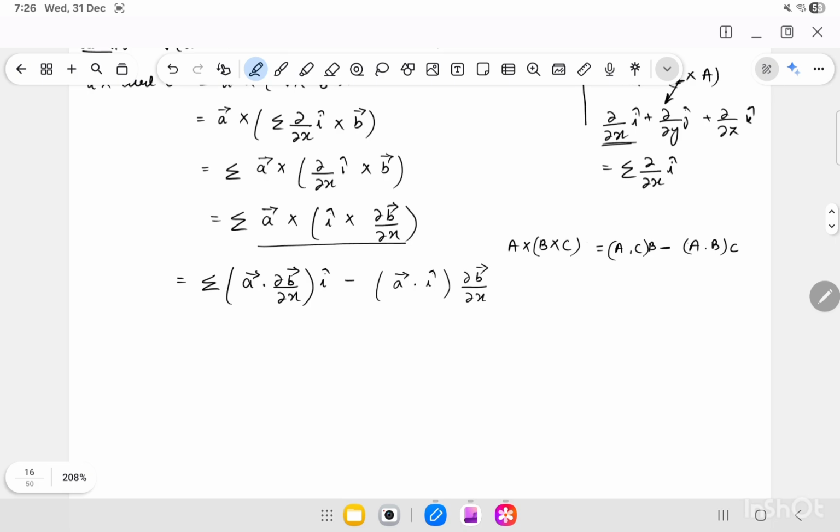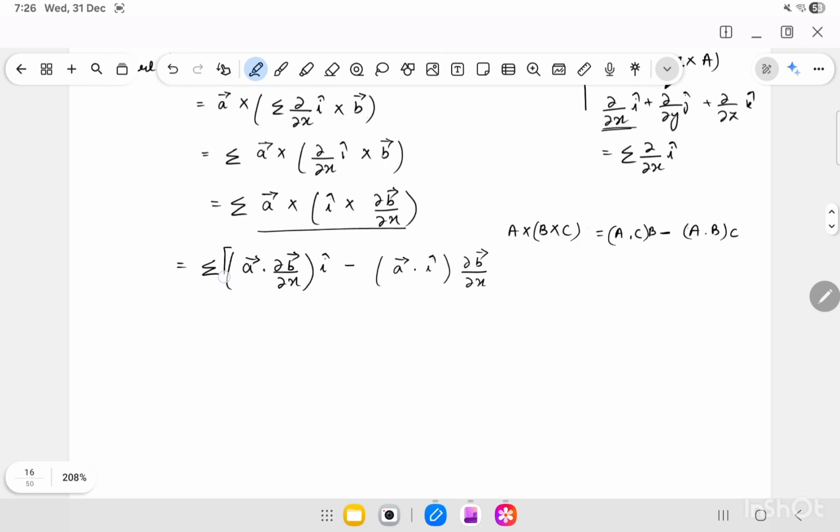Now this can be simplified. We can distribute this summation sign over the two terms, so it will be equal to summation a vector dot del b by del x i cap minus summation a vector times the dot product of a vector with i times del b by del x.